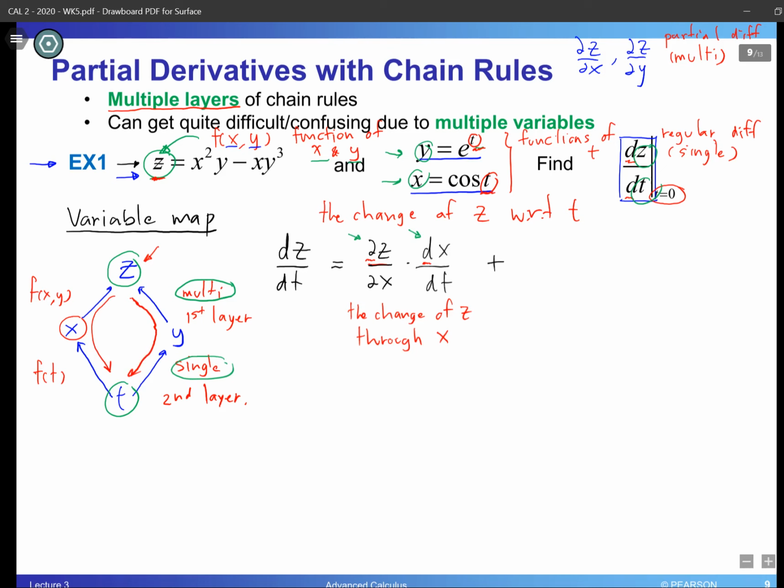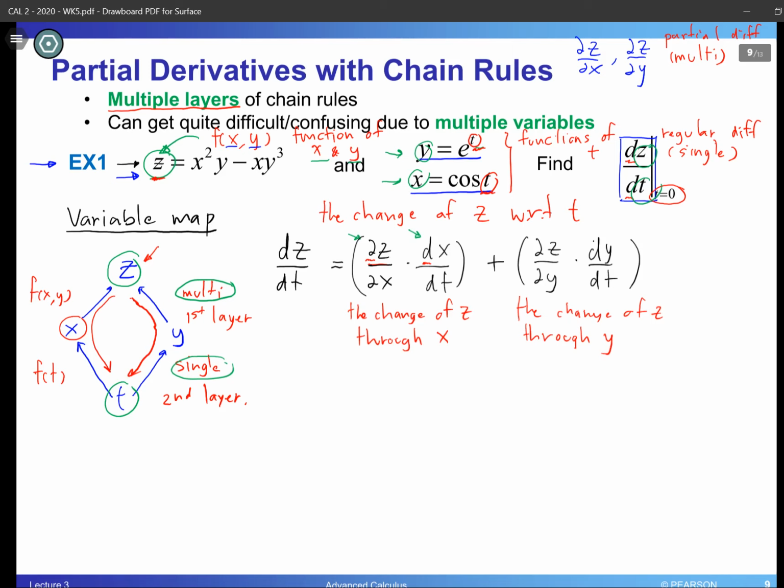So the next term is going to be the change of z with respect to y times the change of y with respect to t. Okay, so two terms of change, one through x and the other through y. So make a note right here, this is the change of z through y. You can't just take one of them, you have to consider all of the paths that are available from z to t.